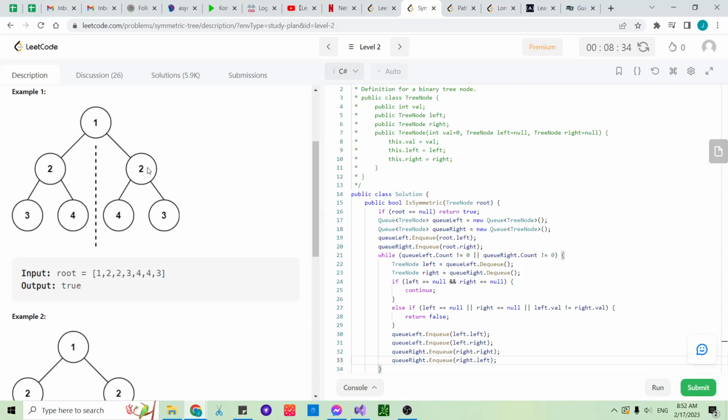So left left, right right, and left right, and right left.